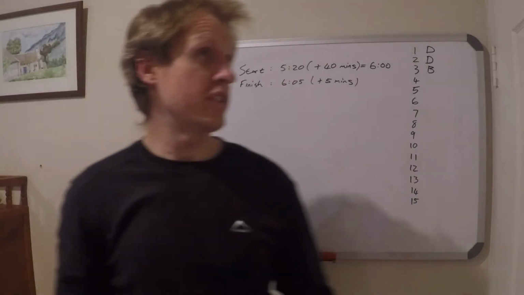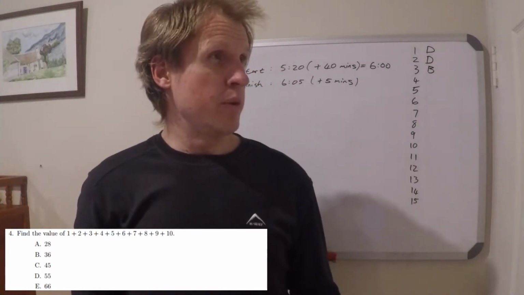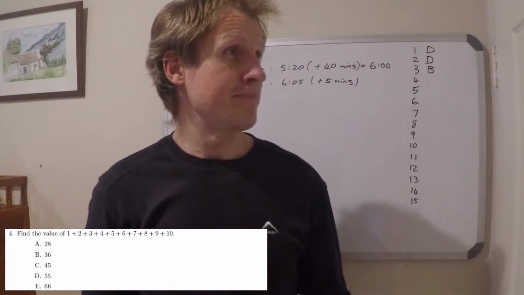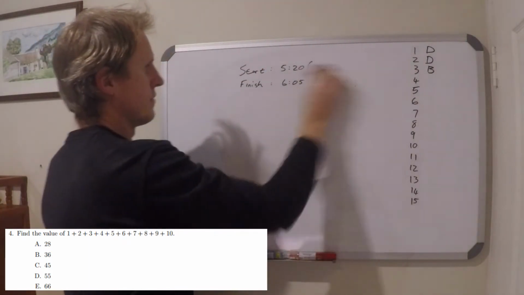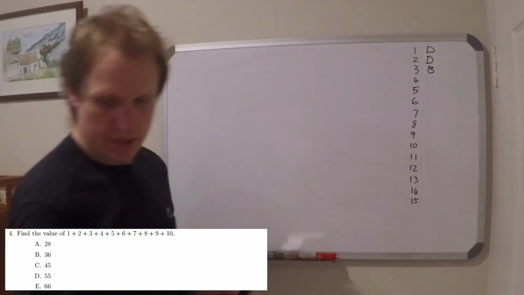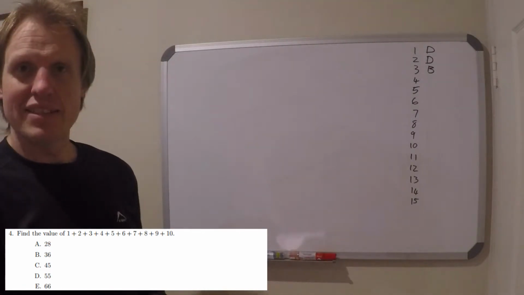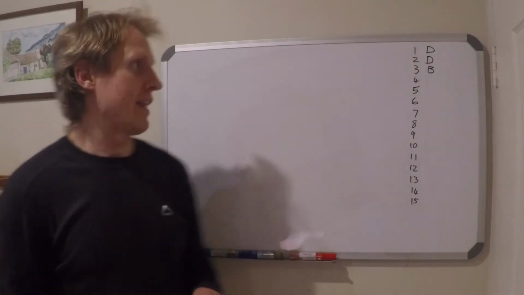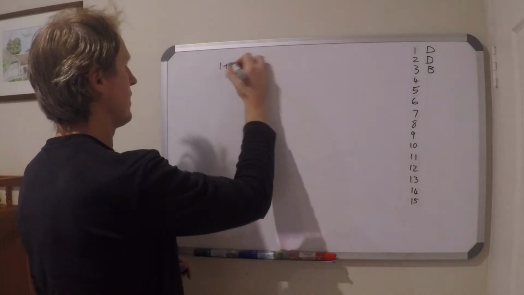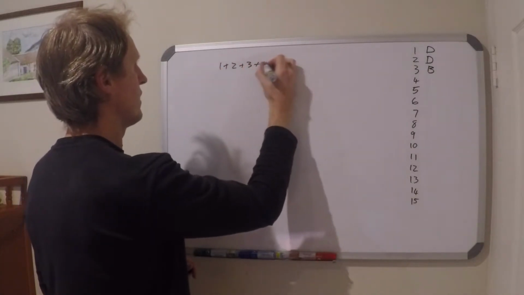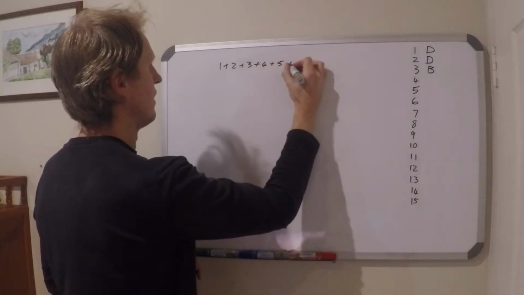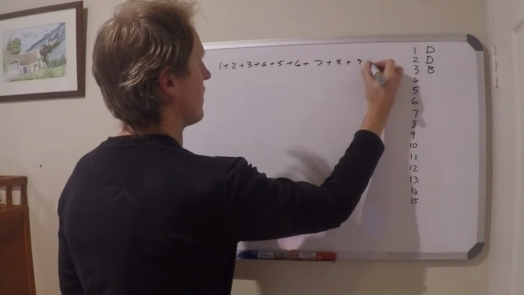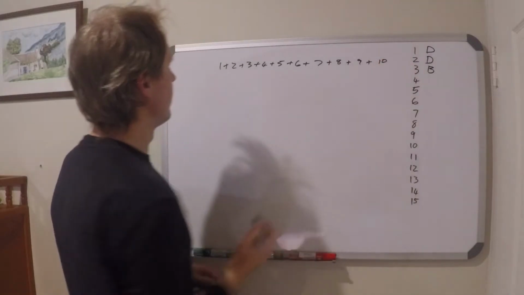Okay, the next question. Find the value of 1 plus 2 plus 3 plus 4 plus 5 all the way up to 10. In this case it's quite a short list, so it is quite straightforward if you want to just add it up. Let's do that. 1 plus 2 plus 3 plus 4 plus 5, 6 plus 7 plus 8 plus 9 plus 10.